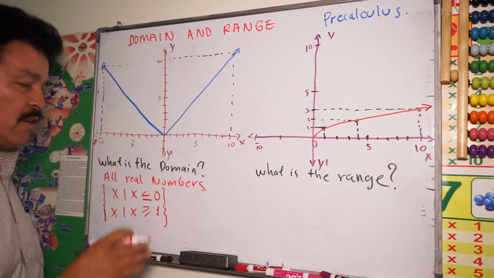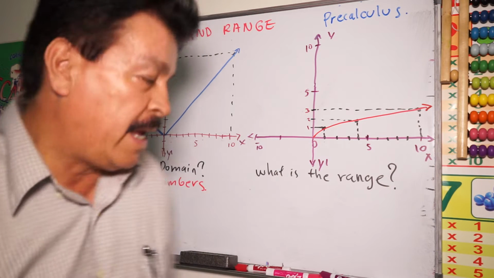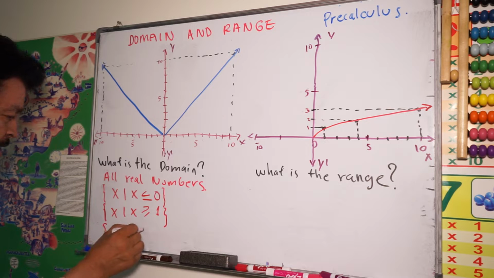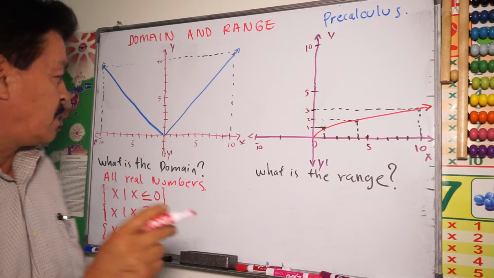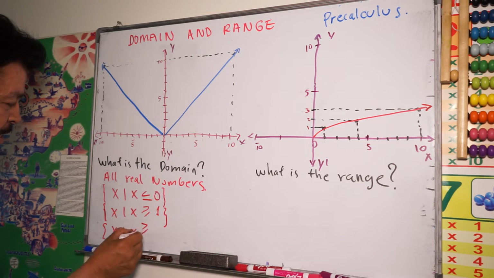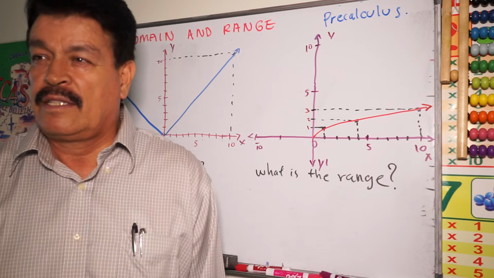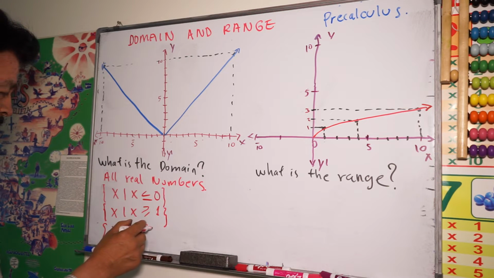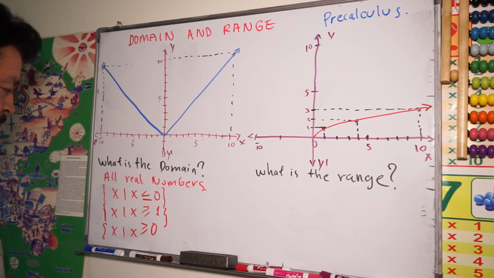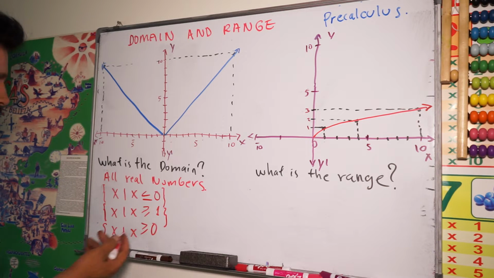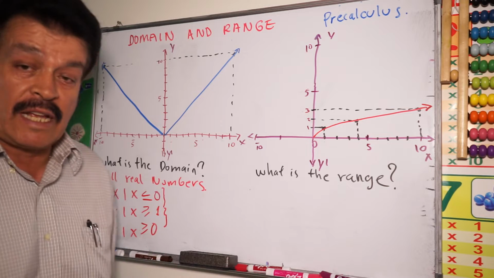That could be another one. Another one could be x such that x is greater than or equal to 0, right?